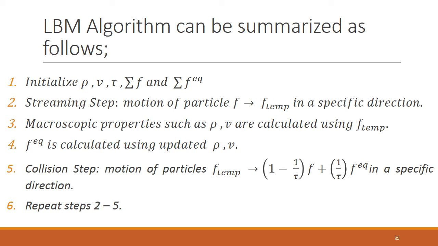Then it moves to the next particle, and when it approaches that particle, we calculate the density and velocity. Once it approaches the particle, we calculate the F equilibrium, and it goes on and on until everything converges. So we repeat steps 2 to 5 to get the results of the LBM. That's how we calculate LBM.